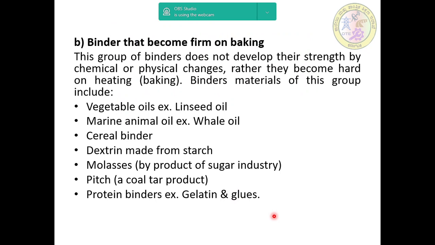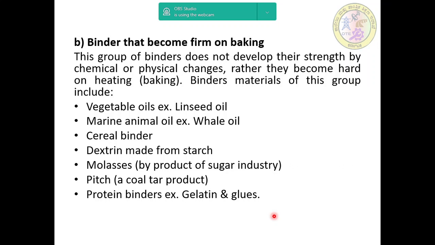Next, binders that become firm on baking. This group of binders does not develop their strength by chemical or physical changes. Rather, they become hard on heating, that means baking process.